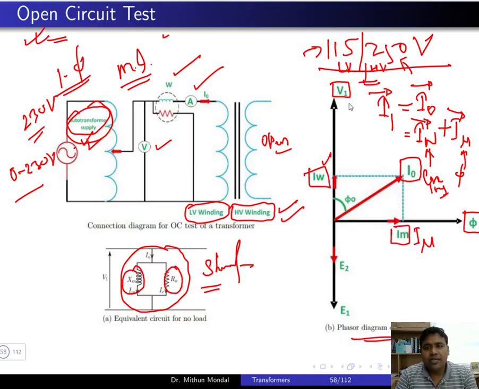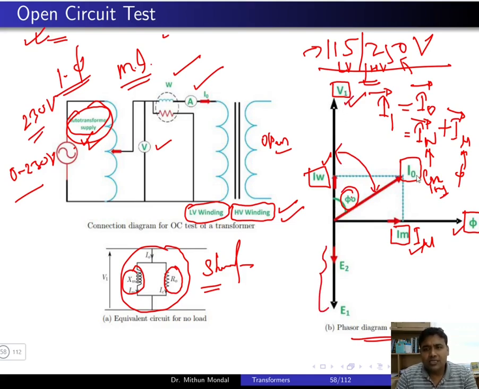Iw will be in phase with V1, and I mu, that is the magnetizing component, will be in phase with the flux. The no load power factor angle phi naught will be the angle between the supply voltage and the current. Our induced EMF will be anti-phase with V1.